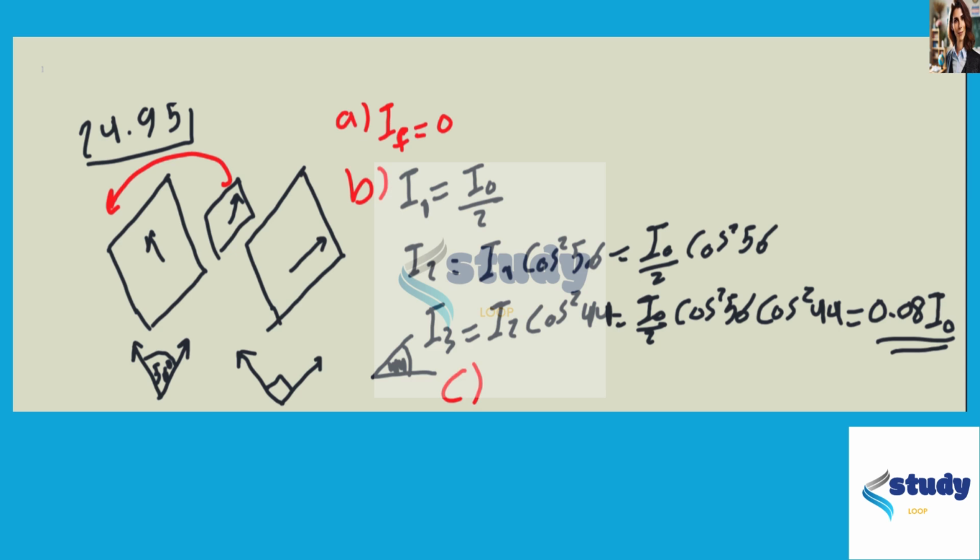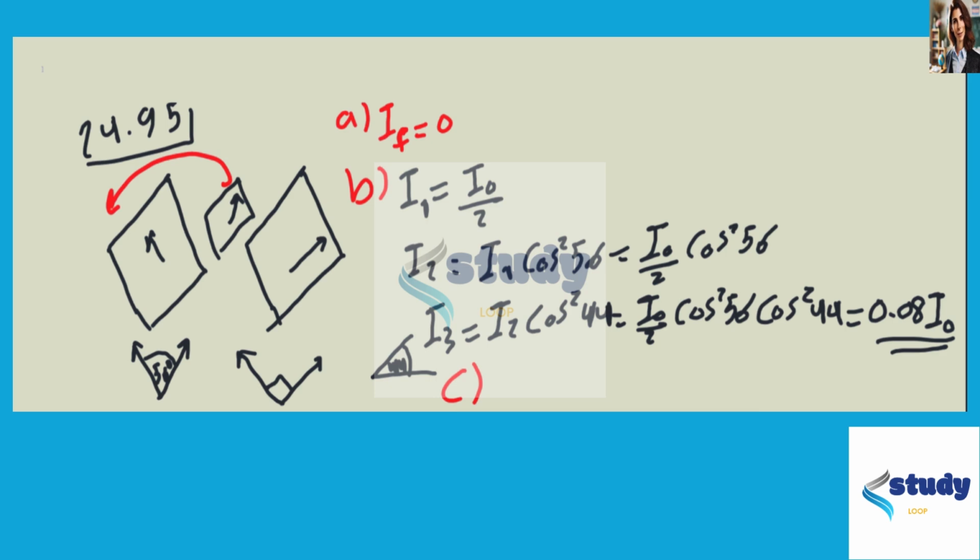And then when it goes through the second polarizer here, the intensity will be reduced again, and it will be polarized in the same direction as the optical axis here. So when it goes through the third one, which is perpendicular to this optical axis, it will not pass through because the direction of the polarization will be perpendicular to the optical axis of the last polarizer.